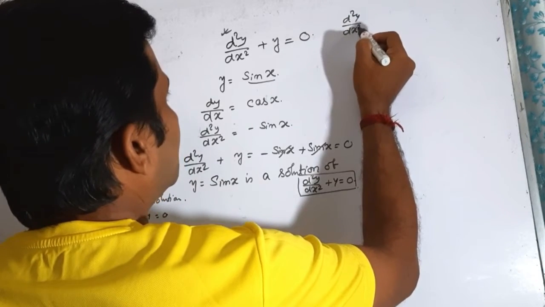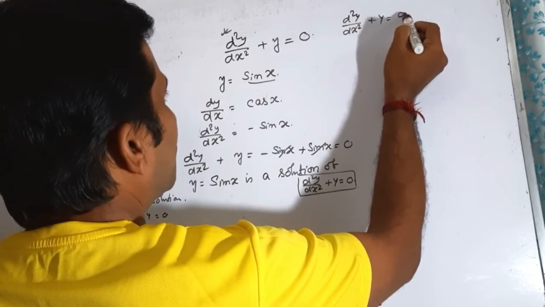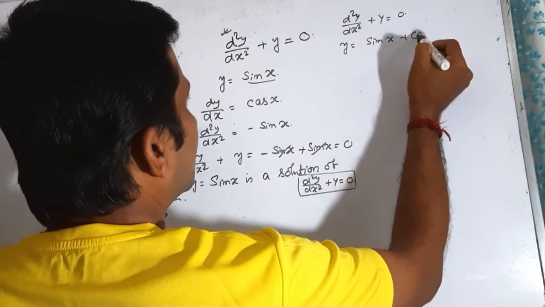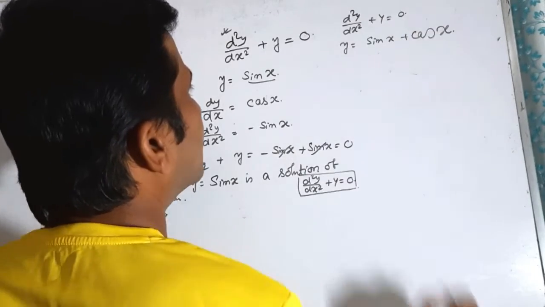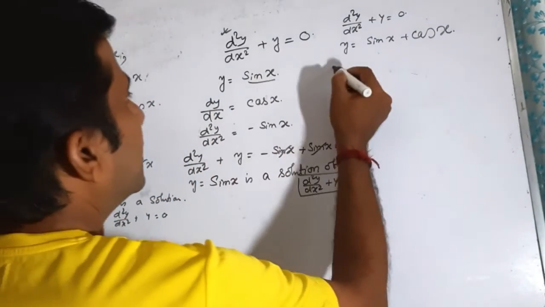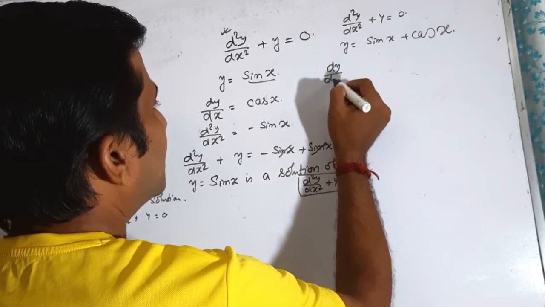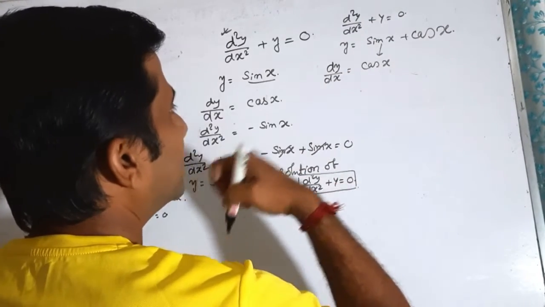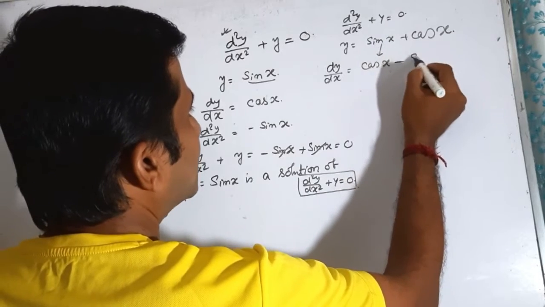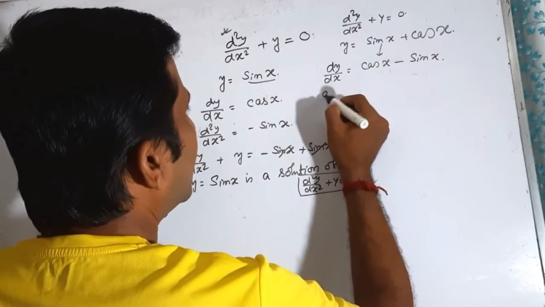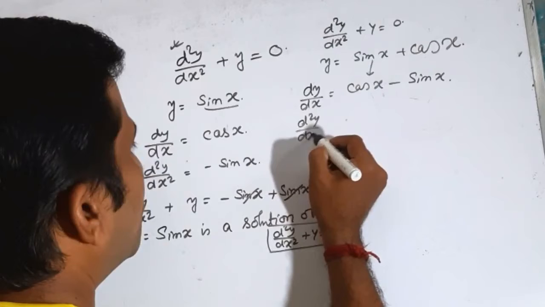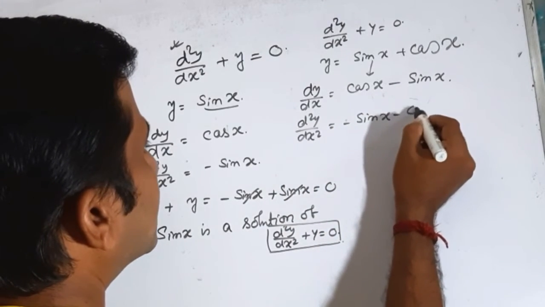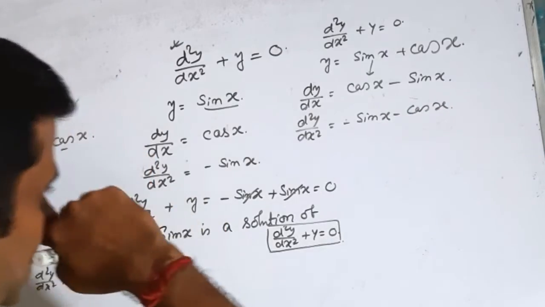Again, for the equation d2y/dx2 plus y is equal to 0, we take y is equal to sin x plus cos x. Now differentiating, we get cos x minus sin x. Again differentiating, d2y/dx2 is minus sin x minus cos x.